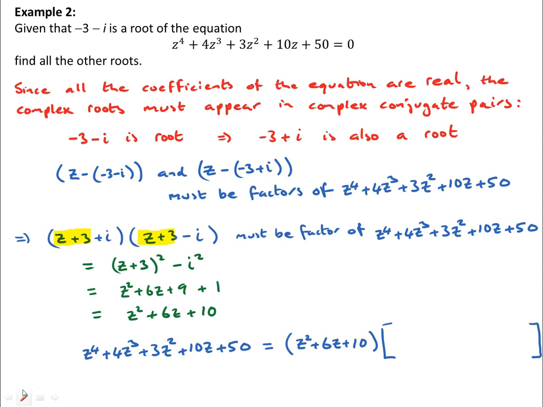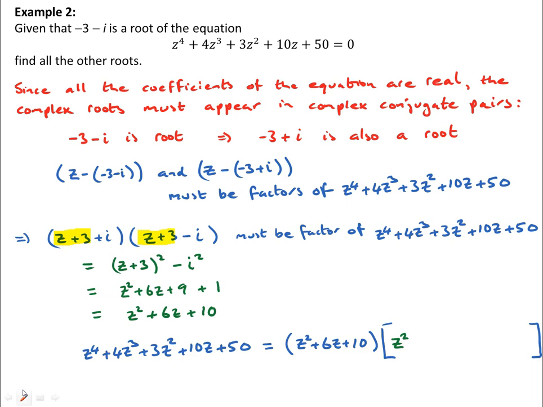We're going to say z to the 4 plus 4z cubed plus 3z squared plus 10z plus 50 equals (z squared plus 6z plus 10) times something. Now again, we can get part of the something really easily. When we multiply the brackets out, the highest term we've got is z to the 4, so we must have a z squared starting off our unknown bracket.